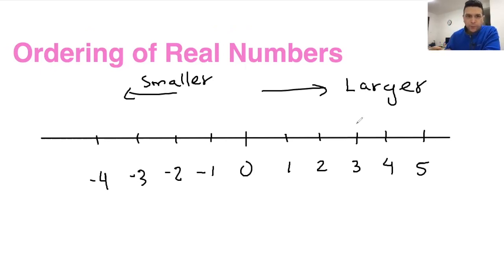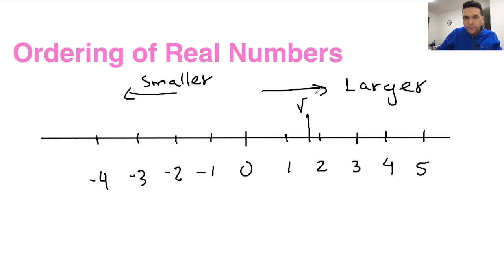So today we're going to talk about ordering of real numbers. As you guys probably know by now, if you go to the right of 0, the numbers are going to be larger. If you go to the left of 0, the numbers are going to be smaller. So we have our natural numbers and integers displayed on this number line. And then in between these numbers, we're going to find our irrational numbers, right?